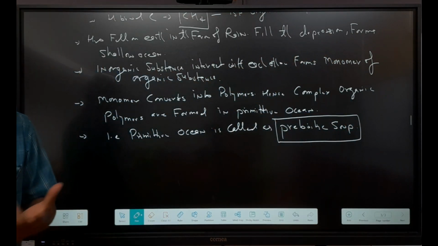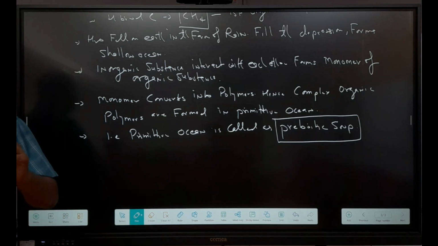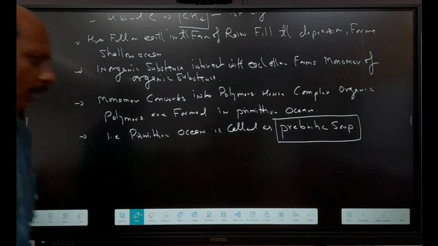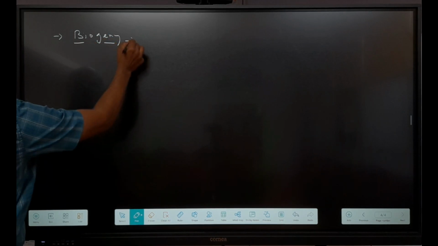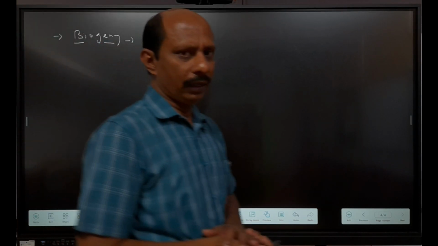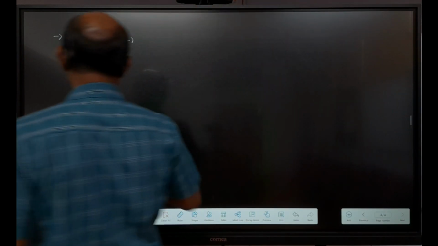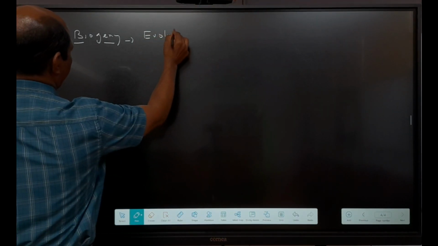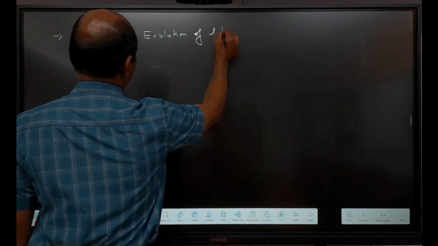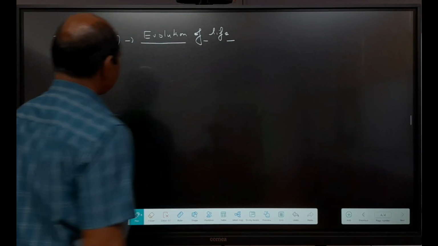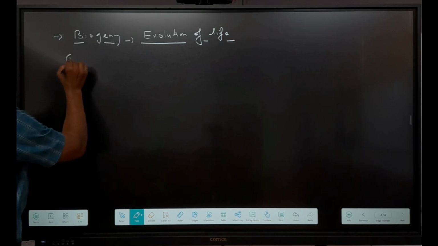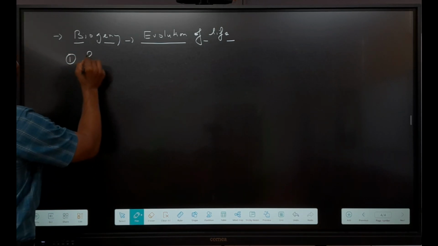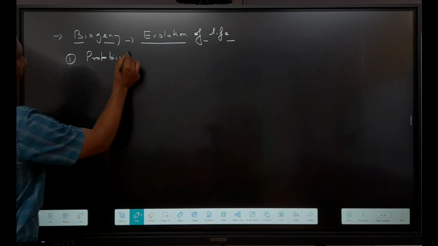Now the second stage comes. First is chemogeny, the second one is biogeny. Bio means living, formation of life, origin of life, or evolution of life. This biogeny is further divided into 3 steps. First is formation of protobiont.